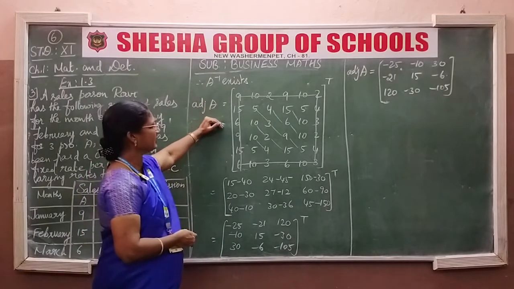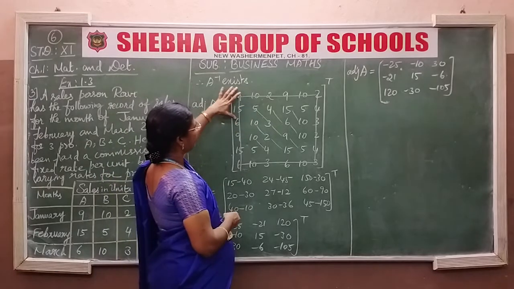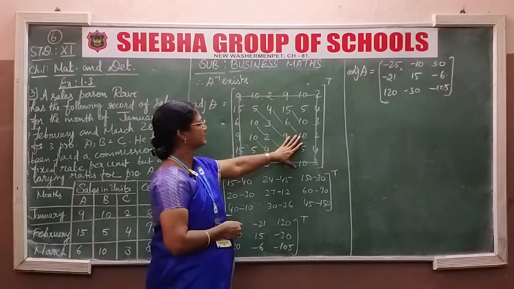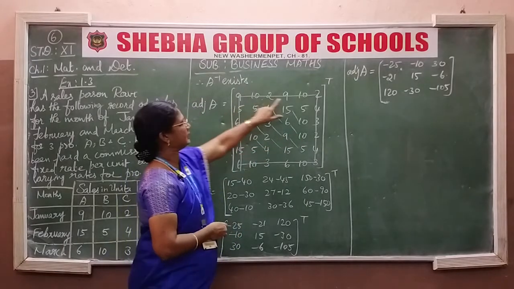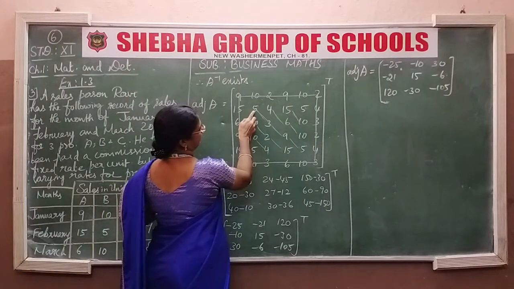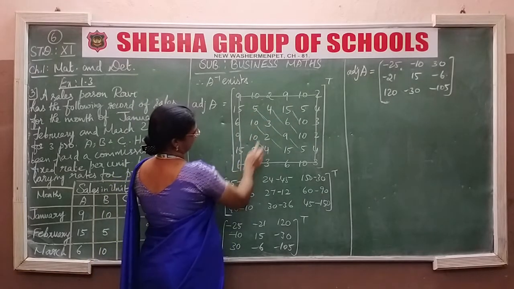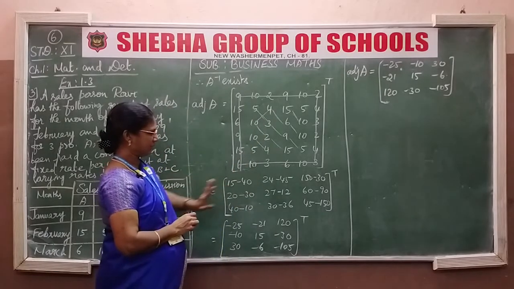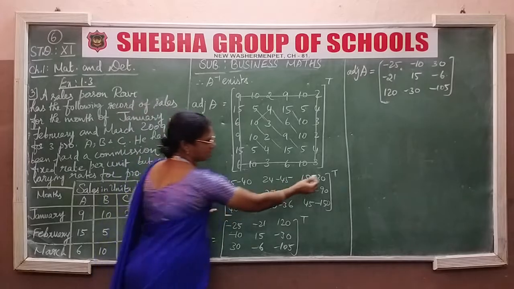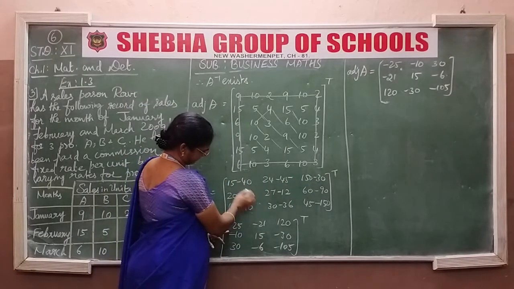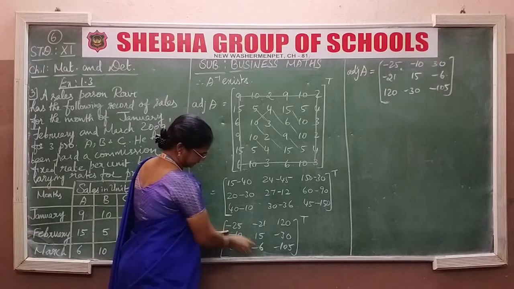For adjoint of A, we have already done it. First write the A matrix like this, neglecting the corner elements, and then find the multiplication: minus 5 3s are 15, minus 4 into 10 is 40, like that we have to do, and its transpose is our adjoint A. Okay, and after the calculation we get this.